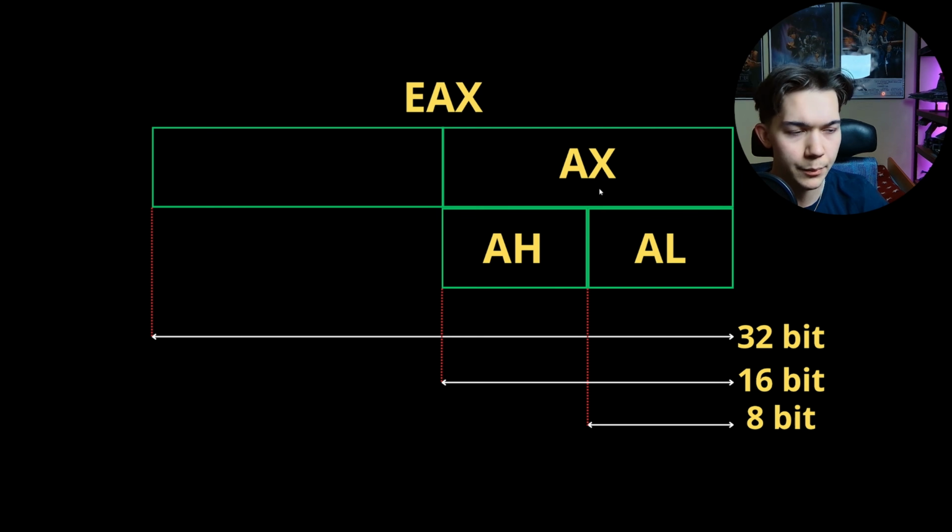And if you go even deeper and refer to AL in your code, you will be referring to the lowest 8 bits. And of course, AH is the higher 8 bits of AX. So it's just a way to access certain parts of registers, and it may come in very handy.